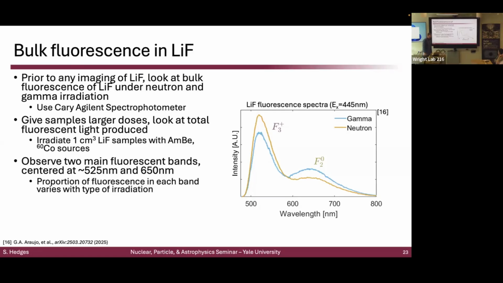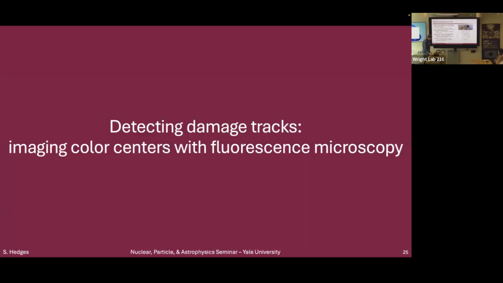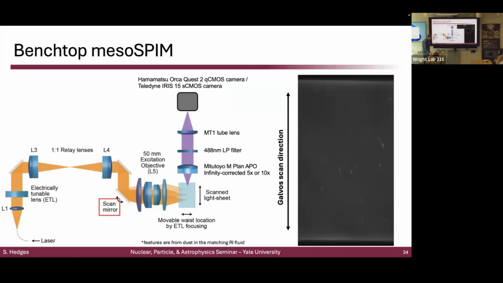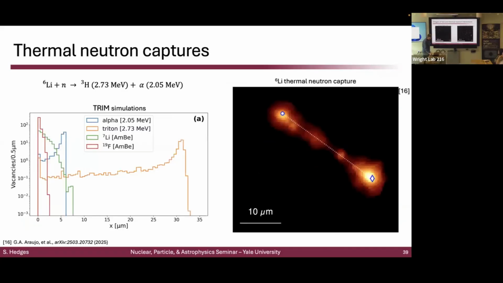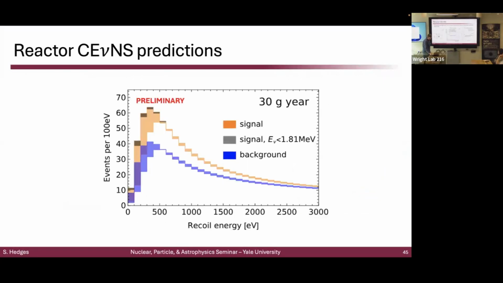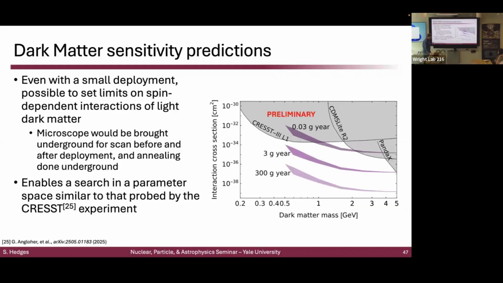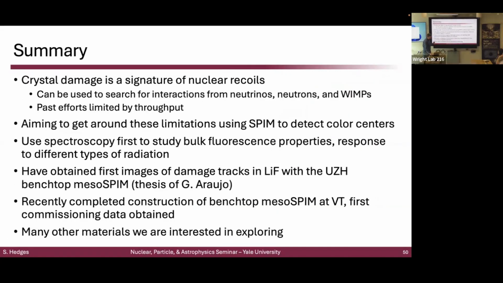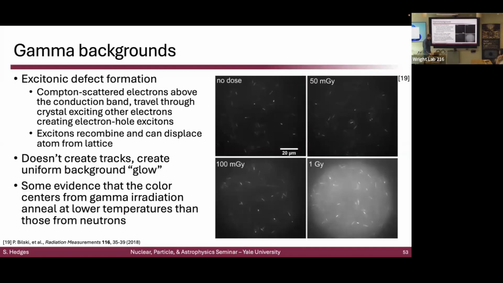We've looked at some samples that have been irradiated with gammas. I don't have any nice pictures of it here, but I do have an image that somebody looked at with a wide field microscope, where they have the same sample with these nice nuclear recoils, and then they give it larger doses of gamma radiation. Basically, the gammas don't create tracks. What they create is kind of a background haze or glow behind the samples.